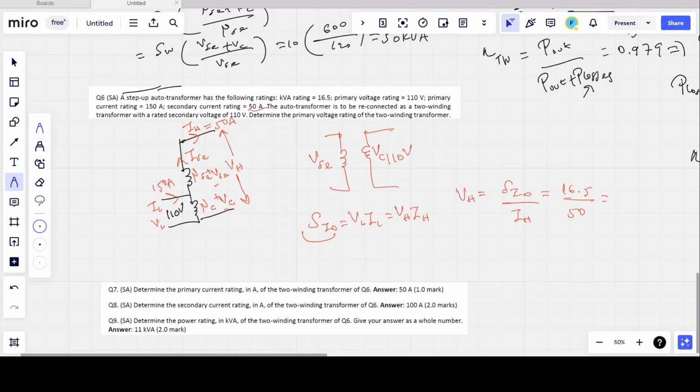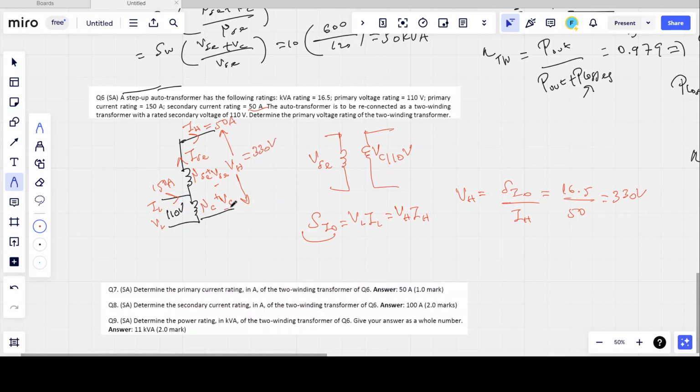So V high is 16.5 divided by 50, and then remember this is kVA, so I'll multiply that by 1,000 to get the voltage. So I'm getting the voltage is 330. So V high is 330 volts. So the voltage here is 330 volts.